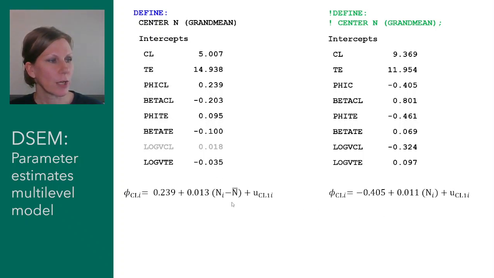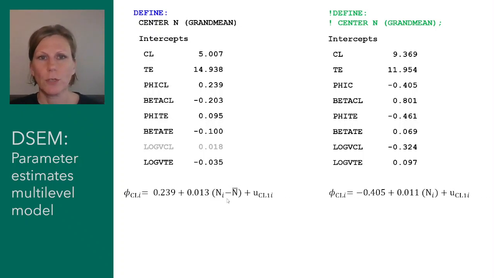So if we are using grand mean centering and we are focusing on the phi parameter, so this is the intercept here. We have the regression coefficient from a previous slide. And what this means is that, if we are looking at what we expect the autoregressive parameter for closeness to be for an individual who scores average on neuroticism.